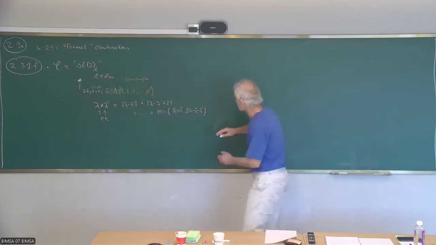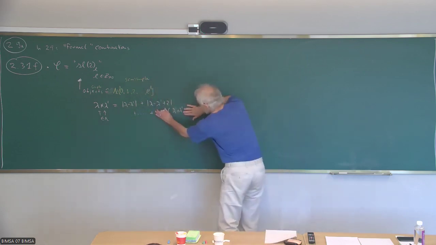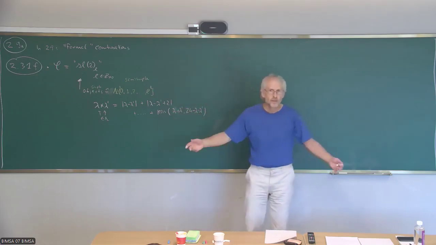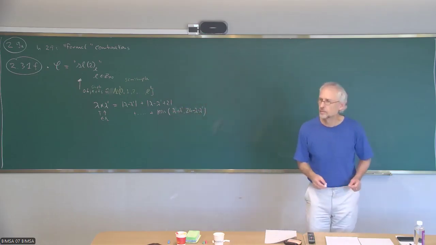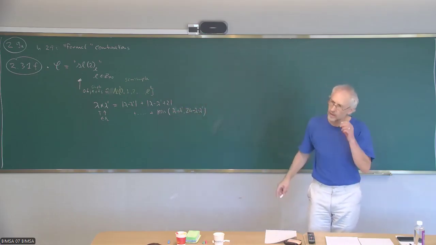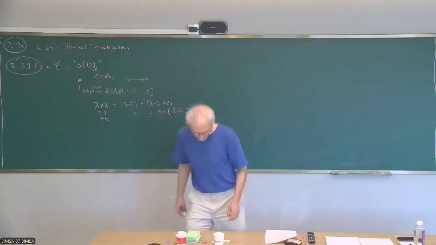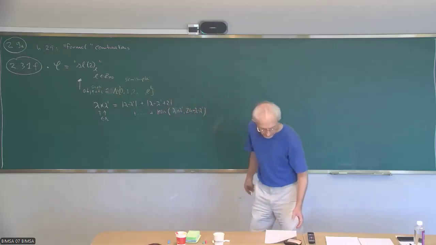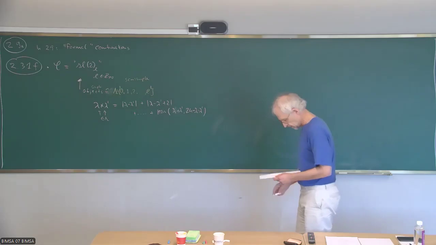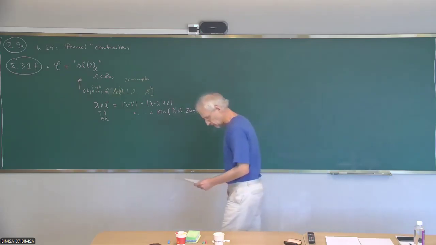If I would leave out the minimum here, just lambda plus lambda prime, then this is just the rule for tensor products of the Lie algebra or Lie group SL2. So this is a kind of truncation of that to finitely many simple objects.